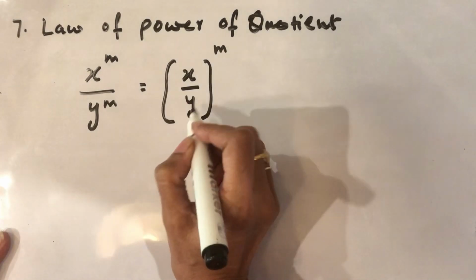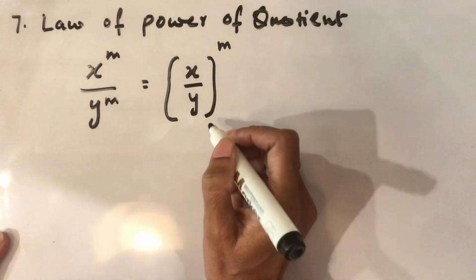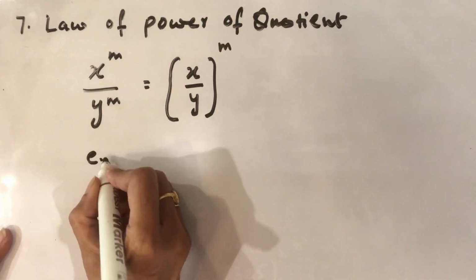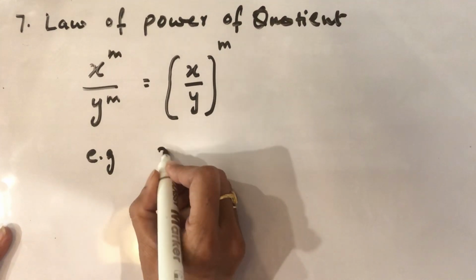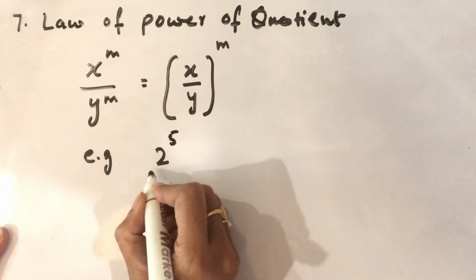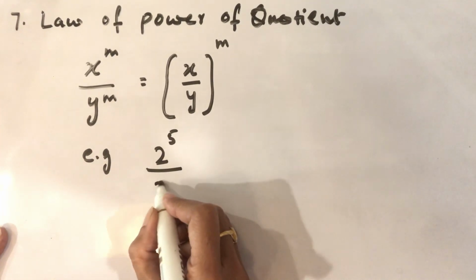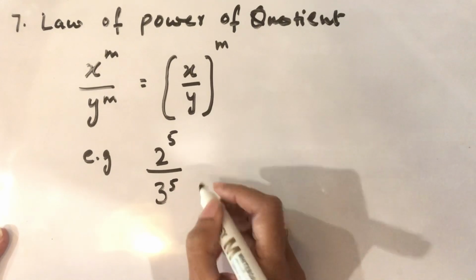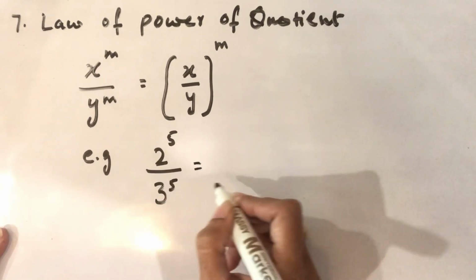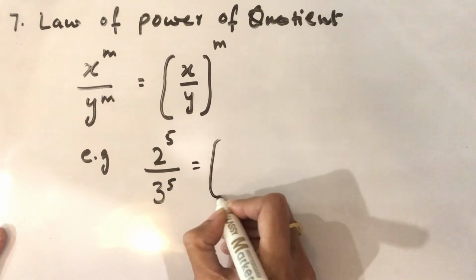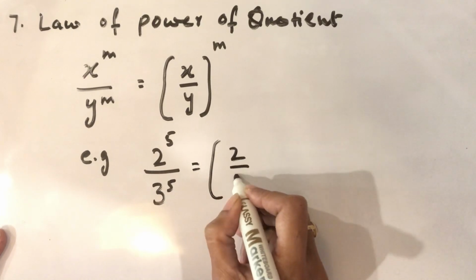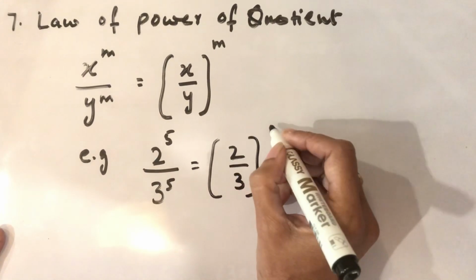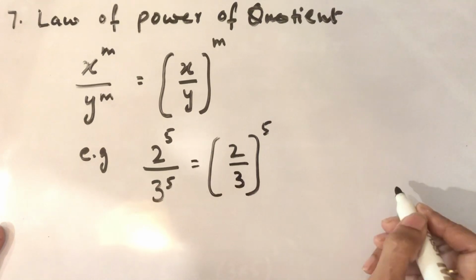For example, 2 with power 5 upon 3 with power 5. Bases are different but their powers are same. These are in fraction, so we can write it as 2 upon 3 with power 5.